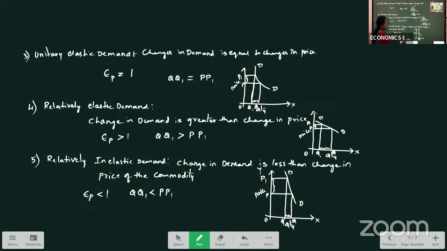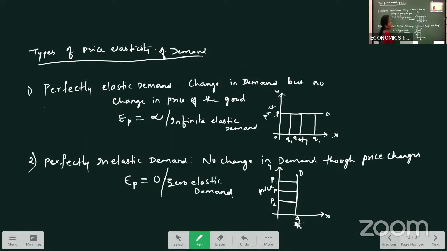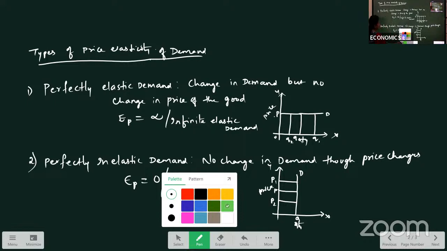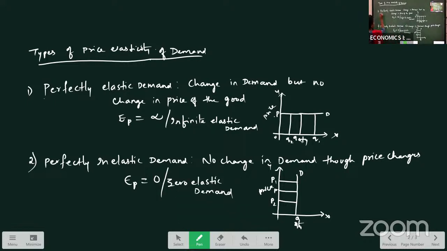So, these are the different types of price elasticity of demand. So, simply you can see here, how many types of price elasticities are there? Perfectly elastic demand. What is perfectly elastic demand?